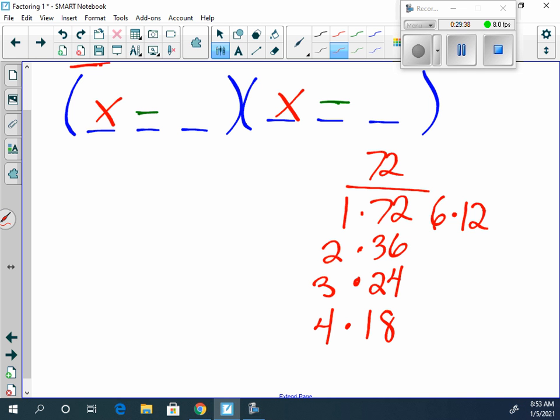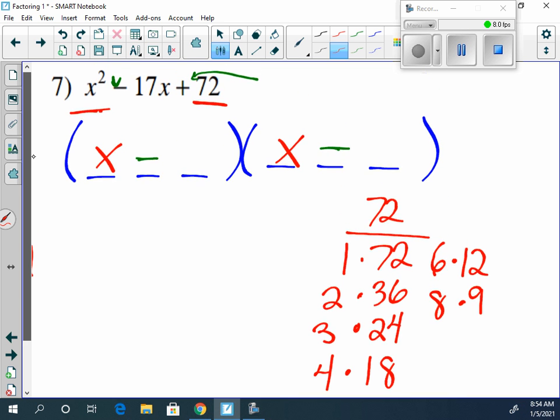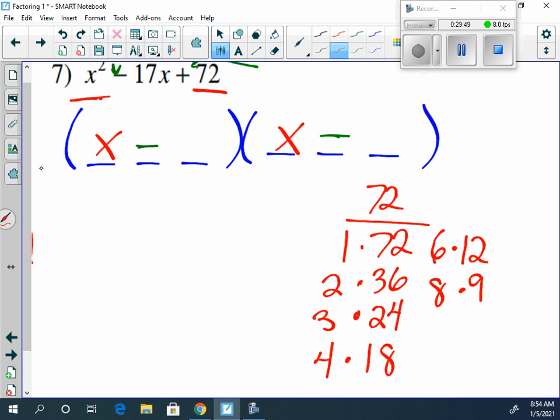Seven doesn't go into it. So looking at all of these here, which set of factors do we want to try? 8 and 9. Why don't we want to try 1 and 72?